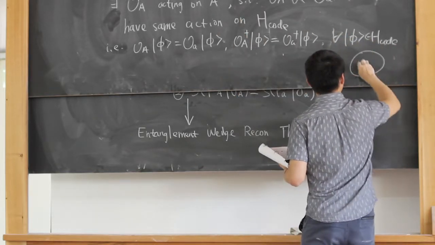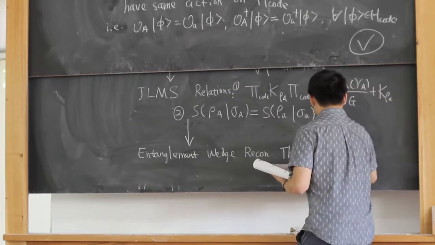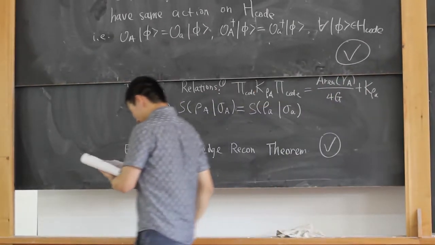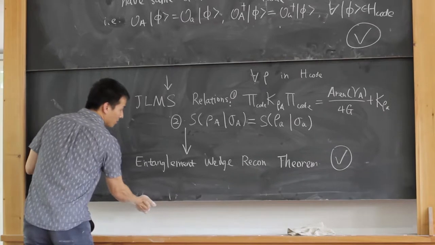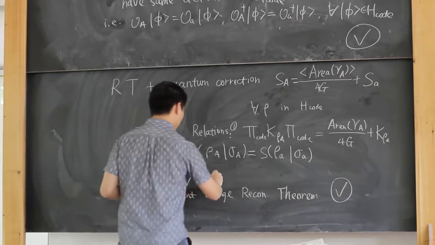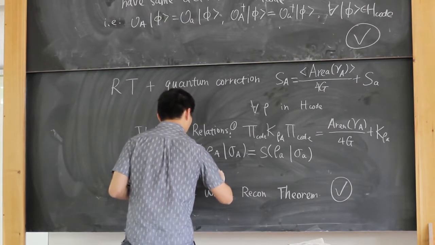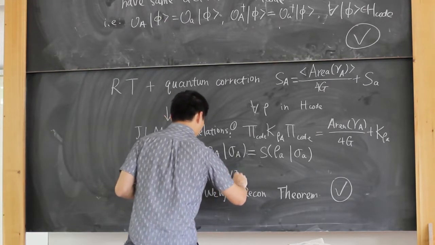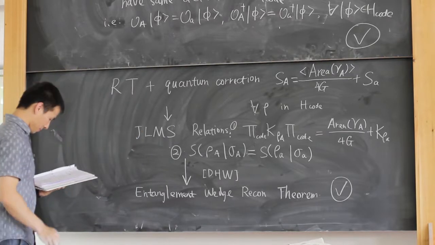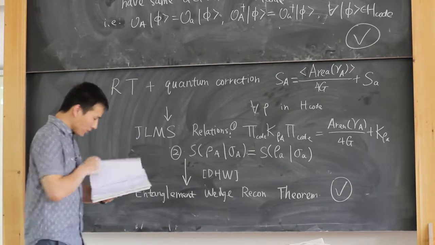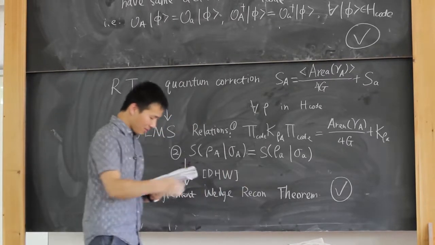Let me say this statement is the check. So that is the statement. This step is my work with Daniel Harlow and Aron Wall. I'm not going to go through the details, but it can be done.